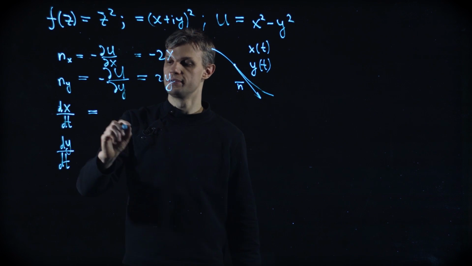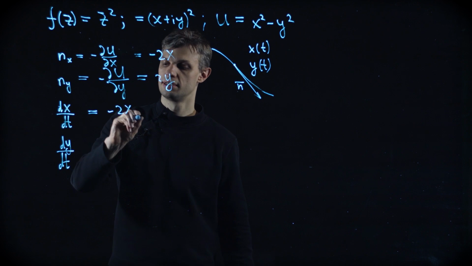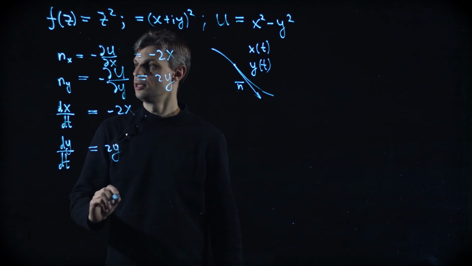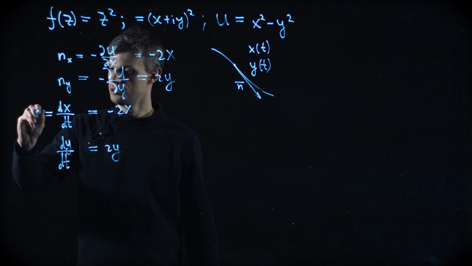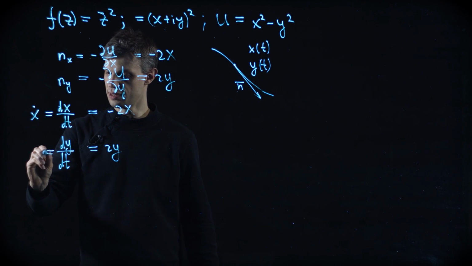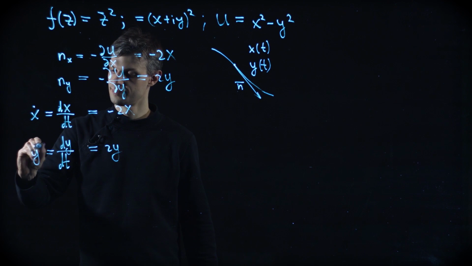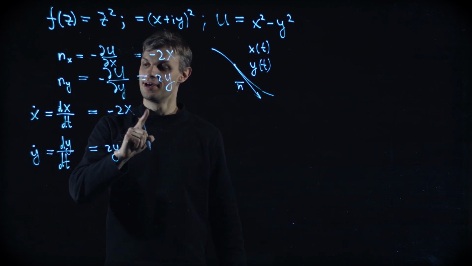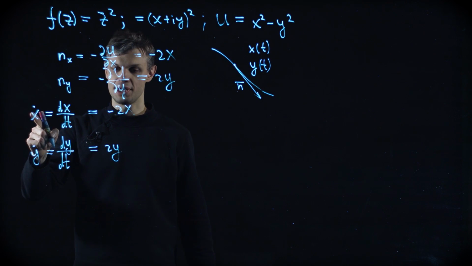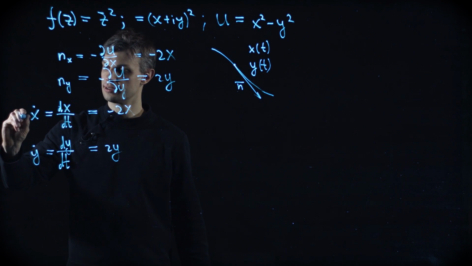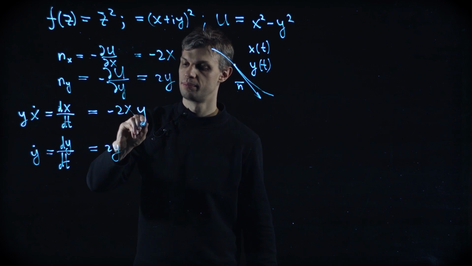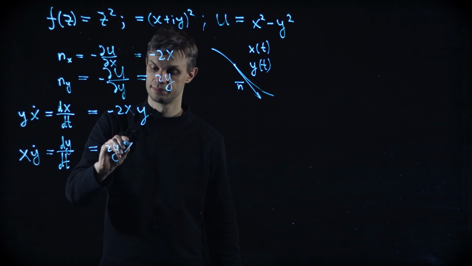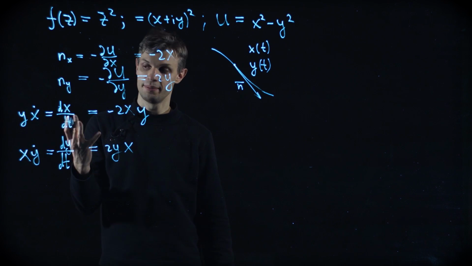Here we go. So this derivative is negative 2x, and this one is 2y. Okay, let me actually use this short notation like that. And what is clearly seen here, look closer. Let's multiply this equation by y, and this equation by x, and let's sum them up.